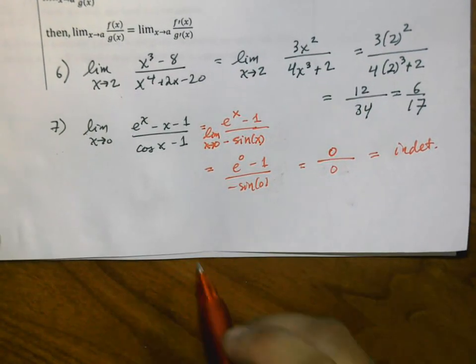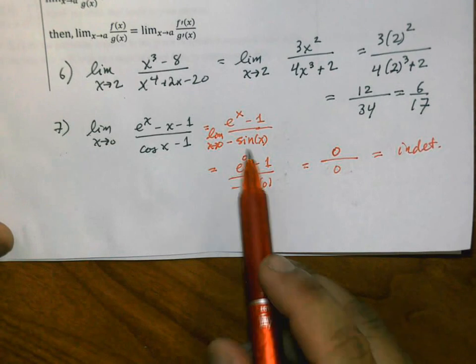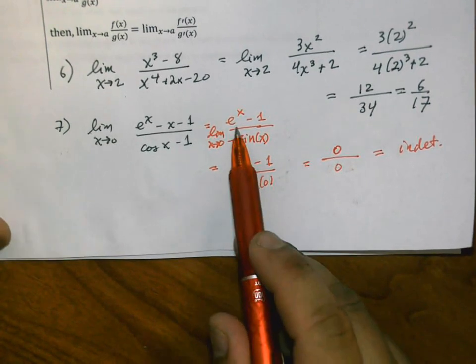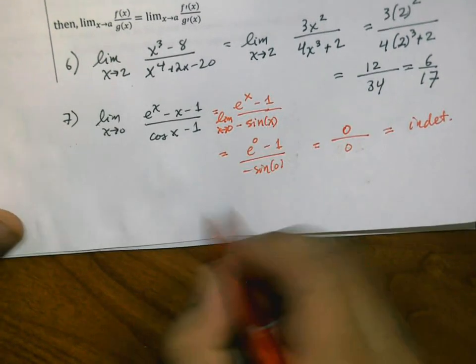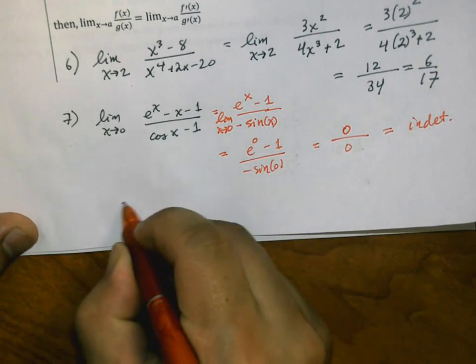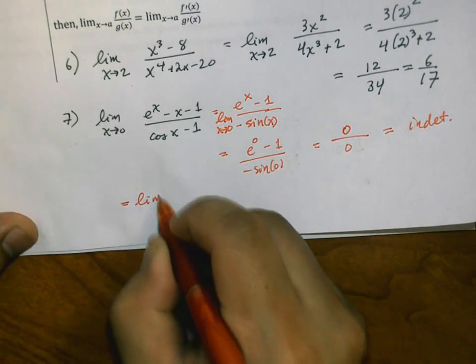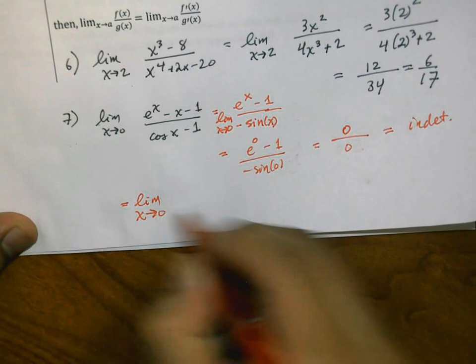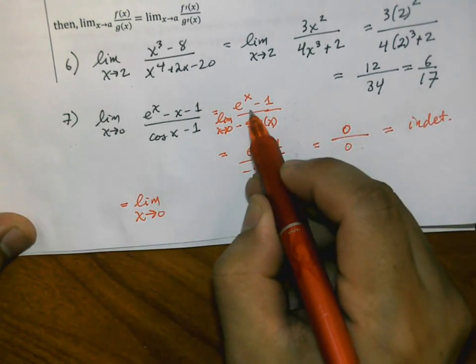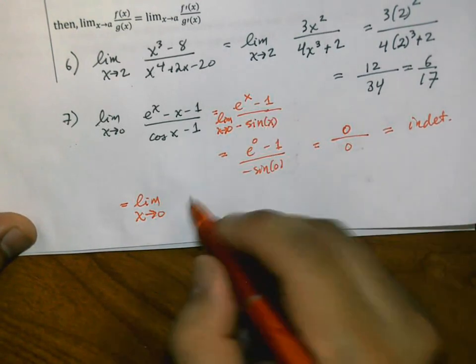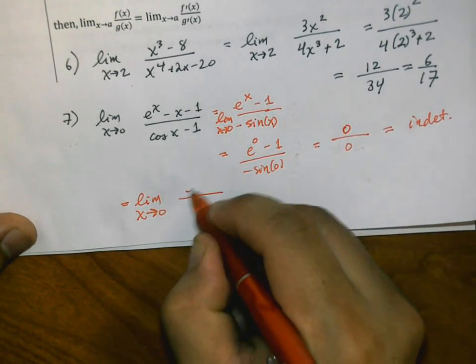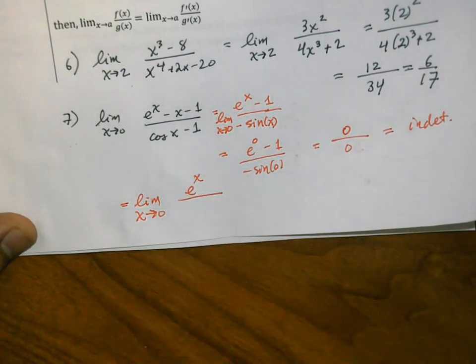So now what are we to do? Well, use L'Hopital's rule again. So take this derivative one more time. This becomes the limit as x approaches 0, and let's take this derivative, e to the x minus 1, in the numerator, so that's just e to the x.